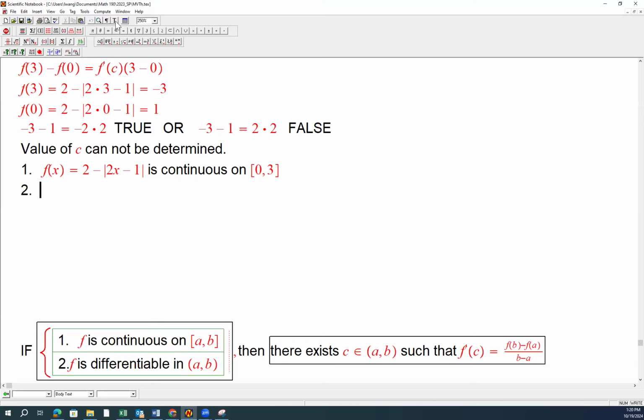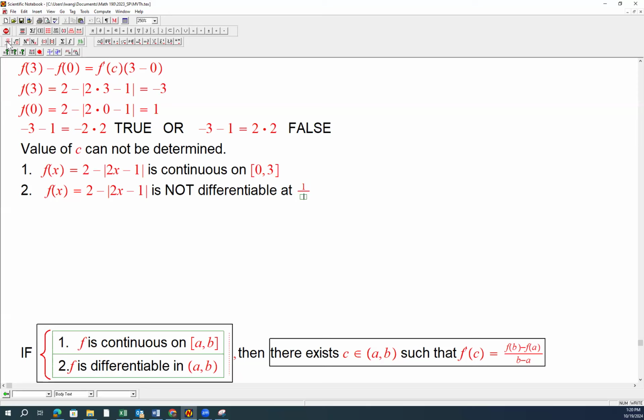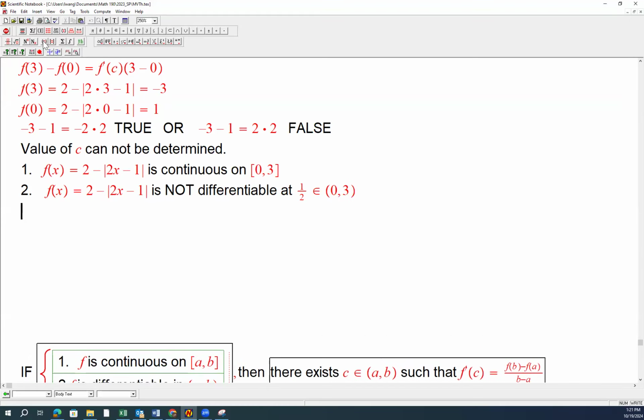But the function is not differentiable at 1/2, which is inside the interval 0 to 3. If it's not differentiable at a point of the interval, then it is not differentiable on the interval.